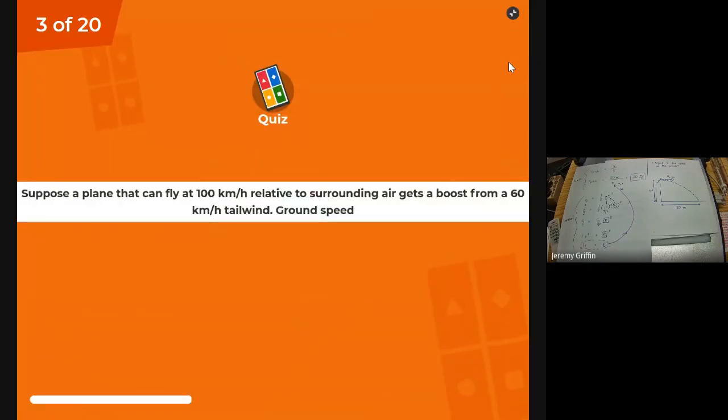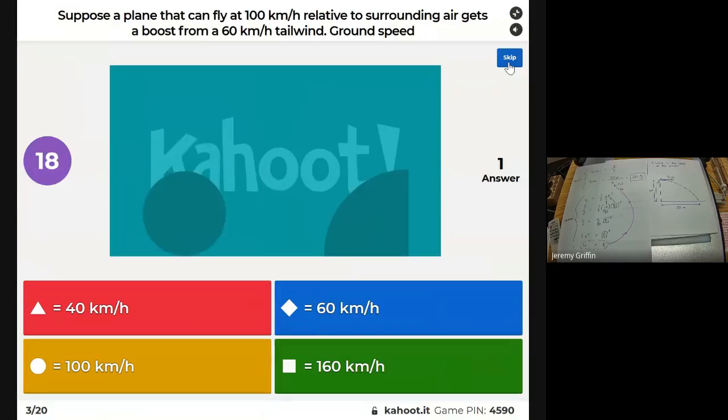Suppose a plane can fly 100 kilometers an hour relative to the air, and it's getting a boost from a 60 kilometer an hour tailwind. Now what is its ground speed?